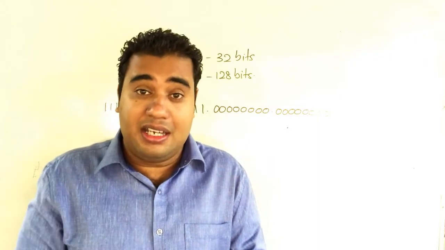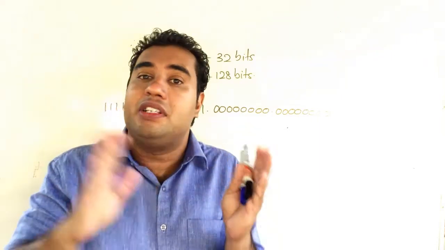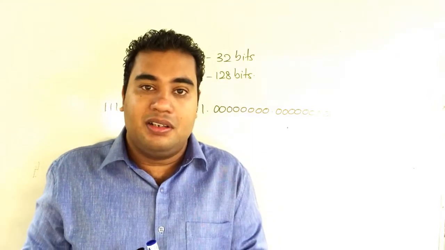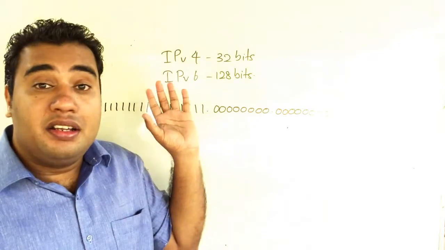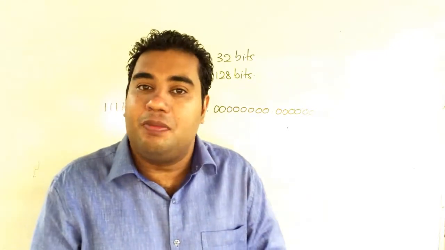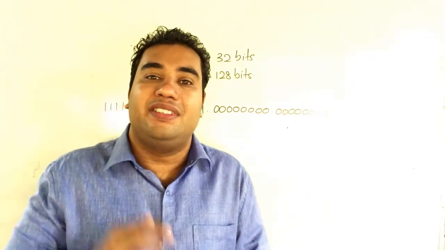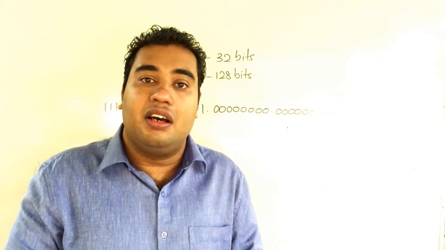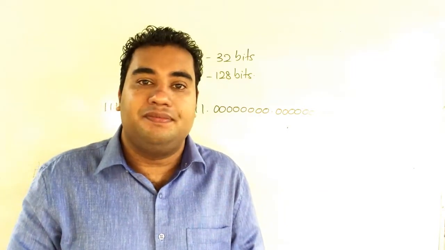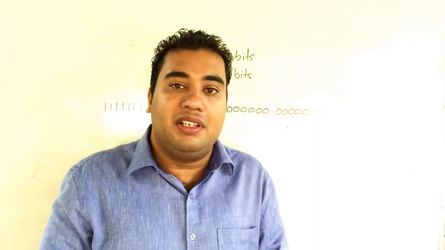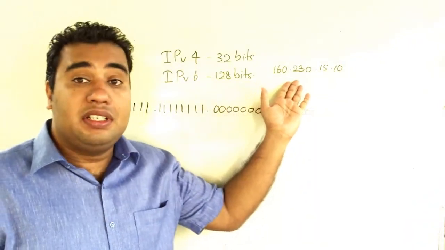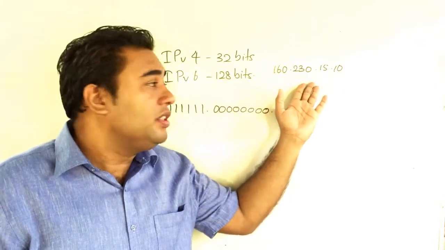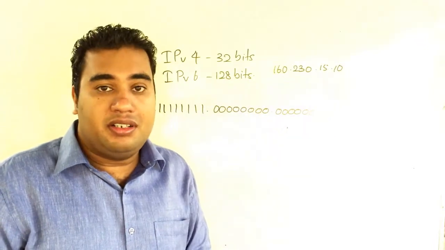First we get the IP address and we convert that into binary format, and you get something like this. And then you do the bitwise AND operation between these two addresses, the IP address and the subnet mask. For example, let's consider the IP address is 160.230.15.10.